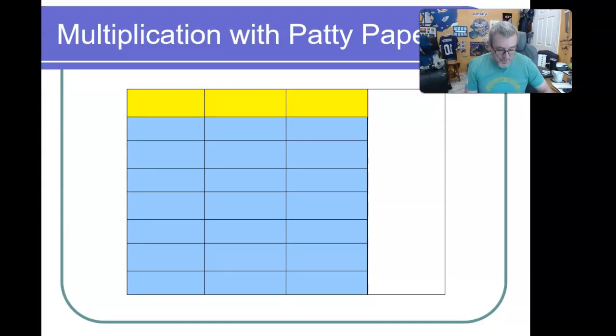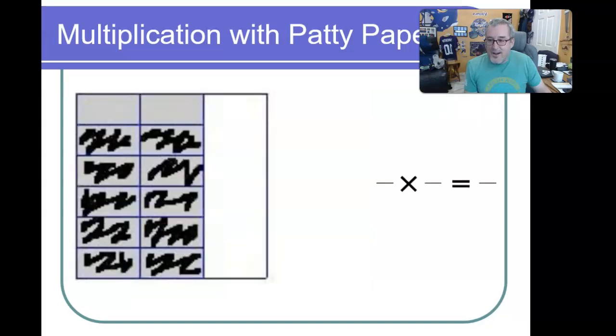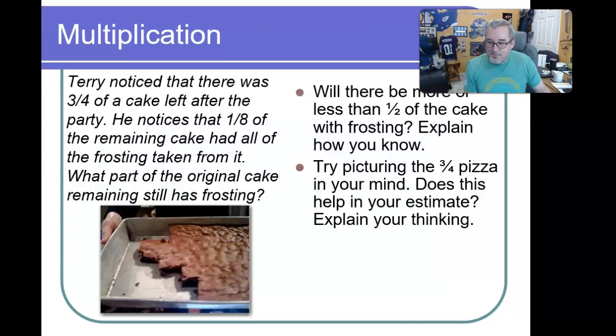That's 1/8, that's 1/8, 2/8, 3/8, 4/8, 5/8, 6/8, 7/8, 8/8. 1/8 of the remaining cake of the 3/4 had the frosting removed from it. All right, so now the question was, what part of the original cake still has frosting?